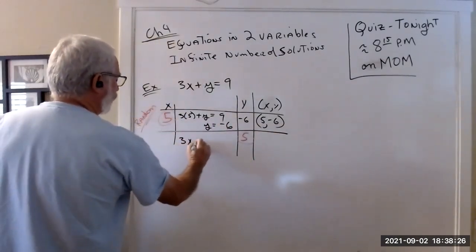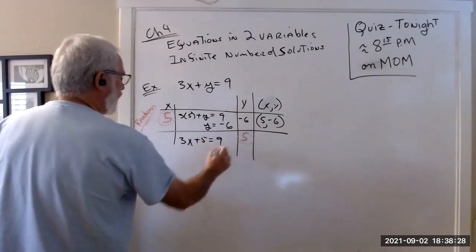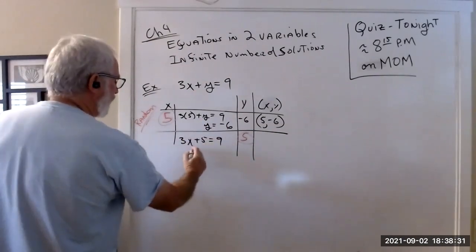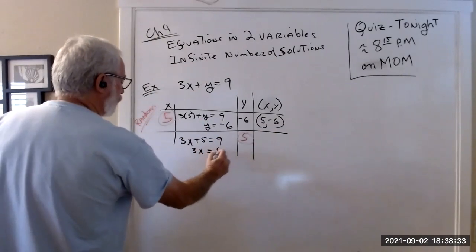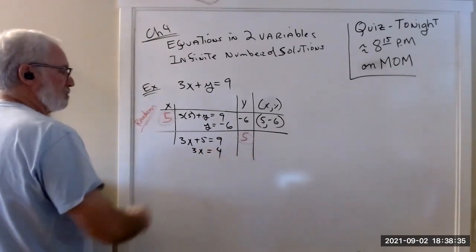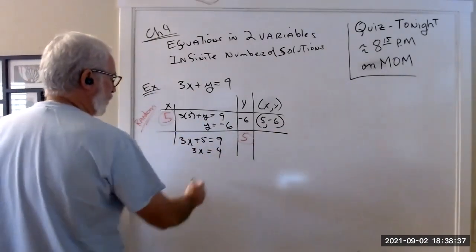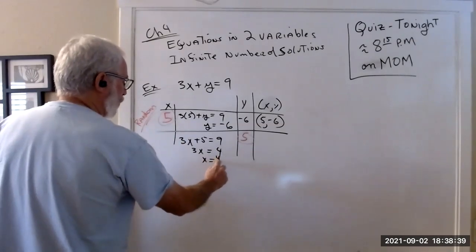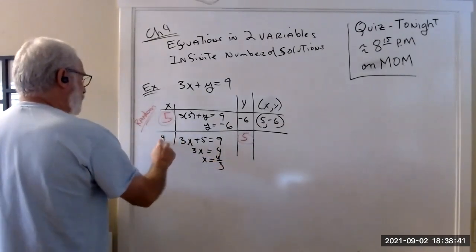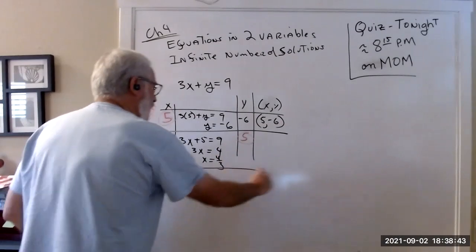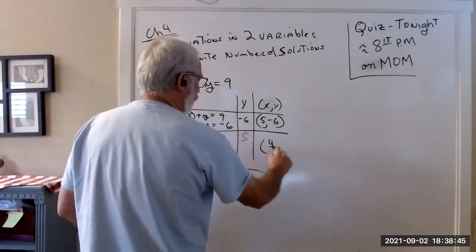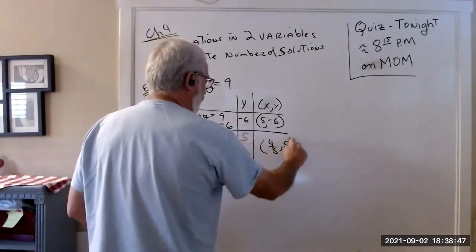So 3x plus 5 equals 9. Take away 5, 3x equals 4. Divide by 3, x equals 4/3. And so that tells us the ordered pair is 4/3, comma 5.